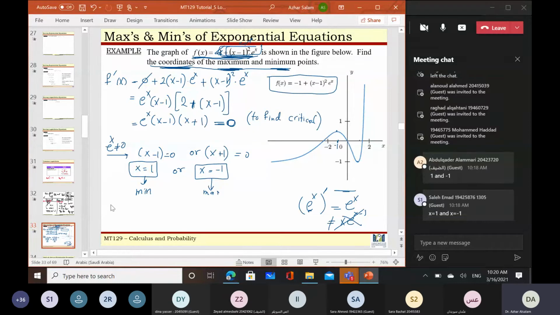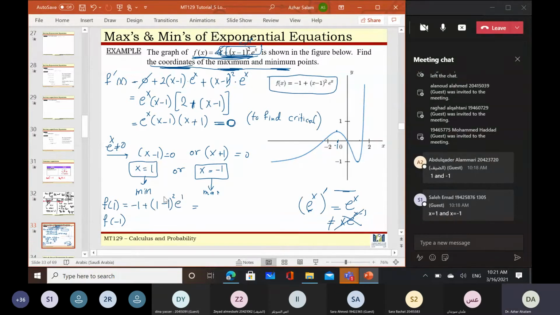Okay, to find the y coordinate, f of 1 and f of minus 1. f of 1 is minus 1 plus... I substitute in this function to get the y coordinate of the points I found. Plus 1 minus 1 squared e to the power 1.